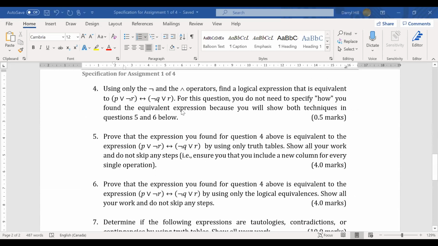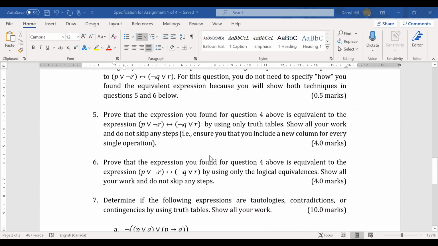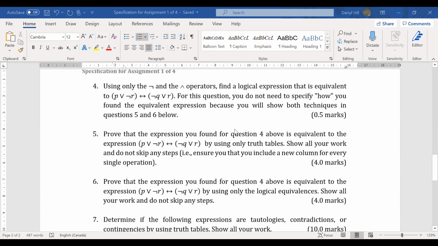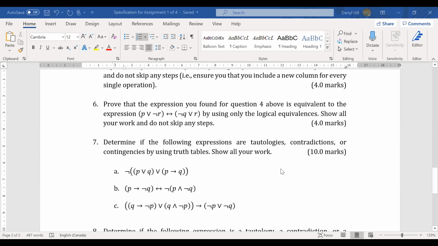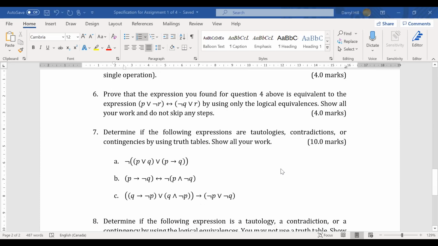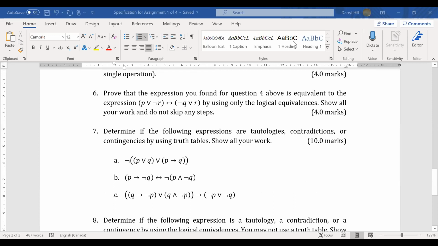And then from 4 onwards is some of the stuff we're going to cover today. You're going to find an expression that's equivalent to this one, and then show that they're equivalent using a few different techniques.